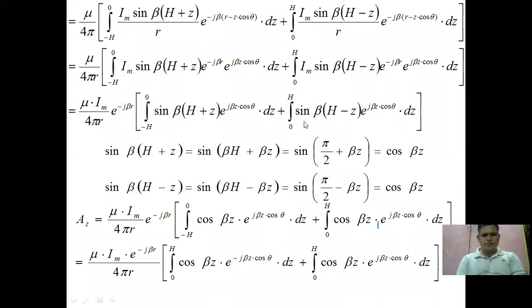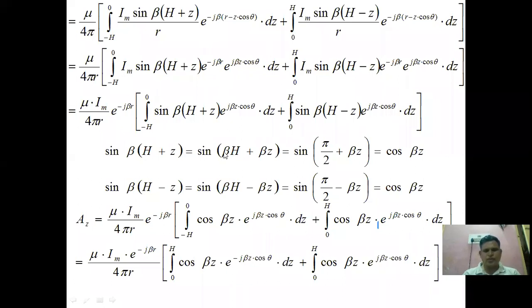Now sin beta times of h plus z is equal to sin of beta h plus beta z. What is this beta? Beta is equal to 2 pi by lambda. This is the phase constant.